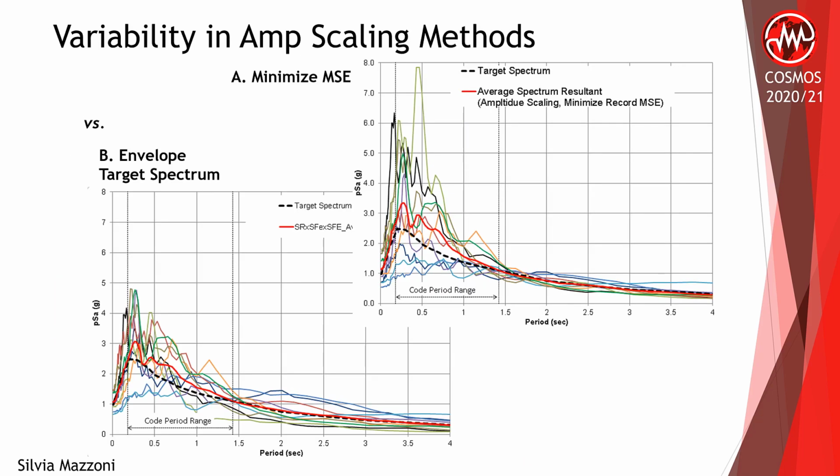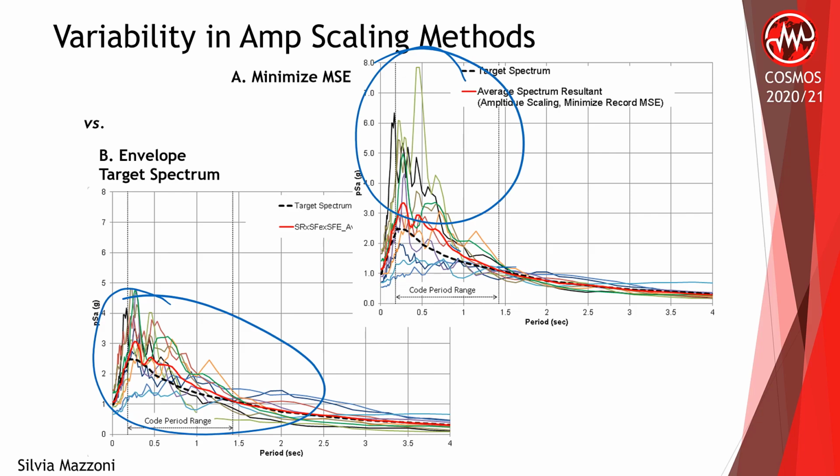In amplitude scaling, there's a lot of things you can do. Remember, I told you it's very sensitive to the record. And so you can have a suite where the average is the same. I mean, this average here looks the same, but you can have a suite with this much variability in there, or you can have a suite with a lot less variability. And it's all about how you scale one record with respect to the other. Okay?